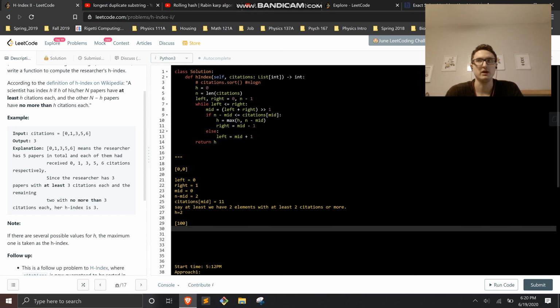We can have at least one element with at least one citation, because 100 is greater than 1. We can't have 2 because we don't have 2 elements in the list. We only have 1 paper in a sense. We don't have 2 papers, so we can't have h equals 2. So at best, h could equal 1, and that is what this returns, actually.